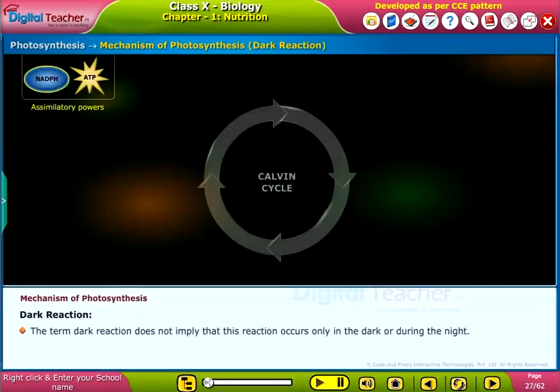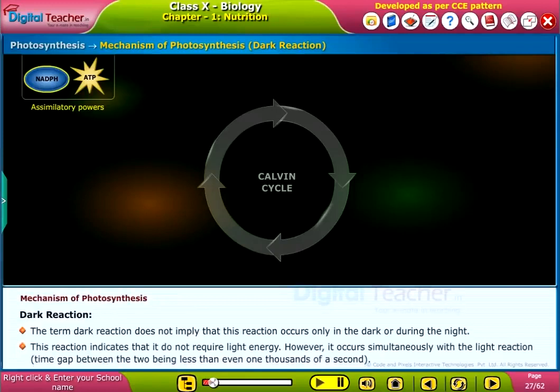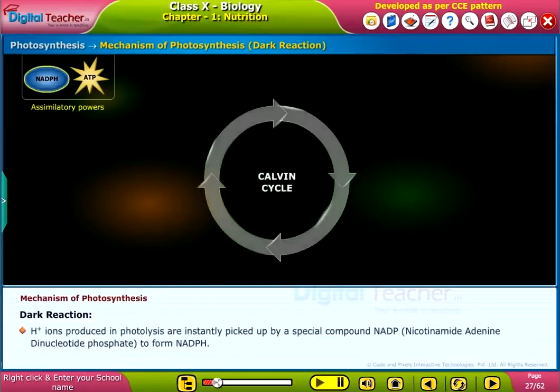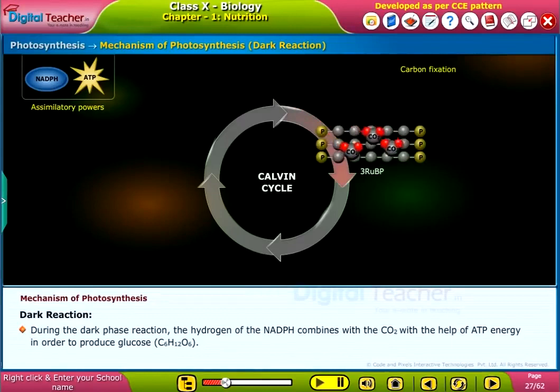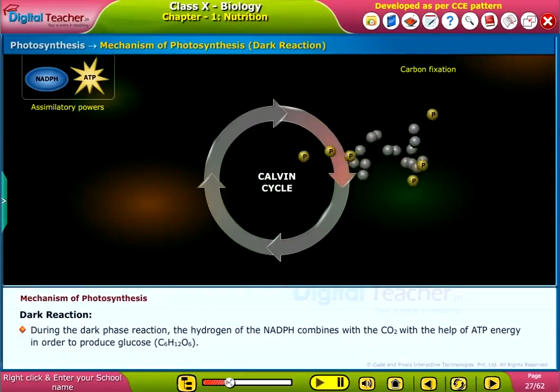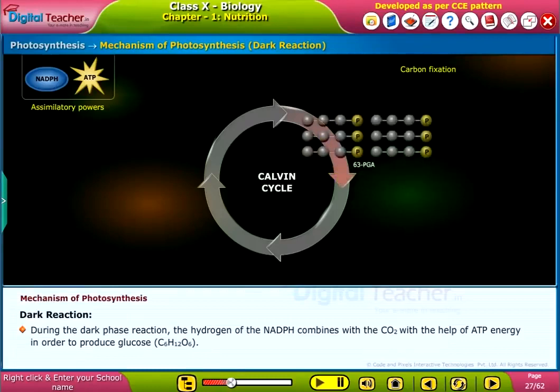The term dark reaction does not imply that this reaction occurs only in the dark or during the night. It indicates that it does not require light energy. However, it occurs simultaneously with the light reaction. Hydrogen ions produced in photolysis are instantly picked up by a special compound, NADP, to form NADPH. During the dark phase reaction, the hydrogen of the NADPH combines with carbon dioxide with the help of ATP energy in order to produce glucose.